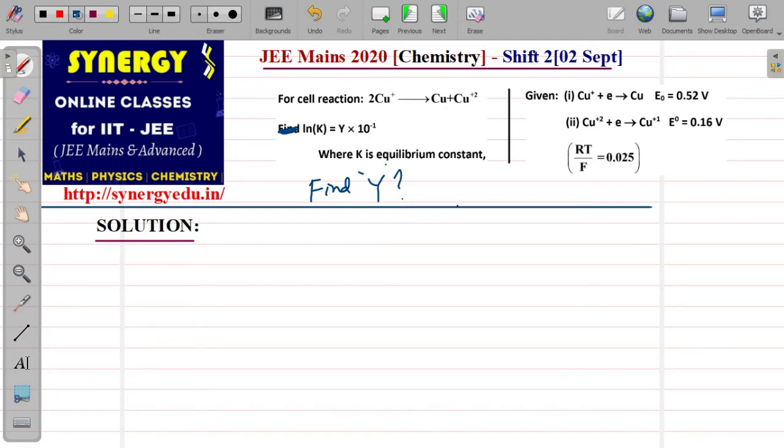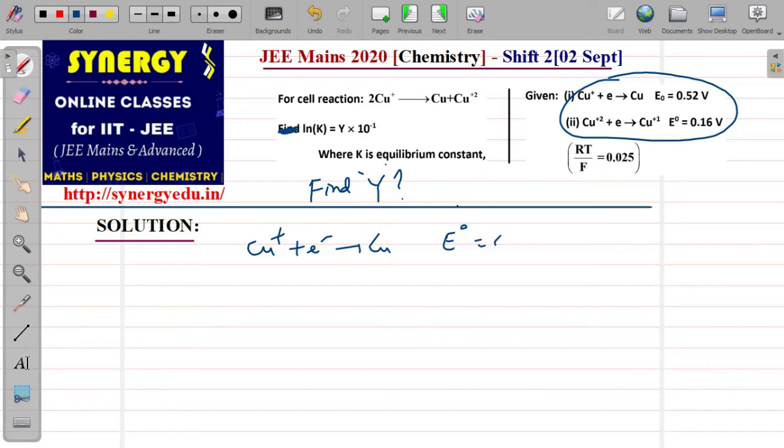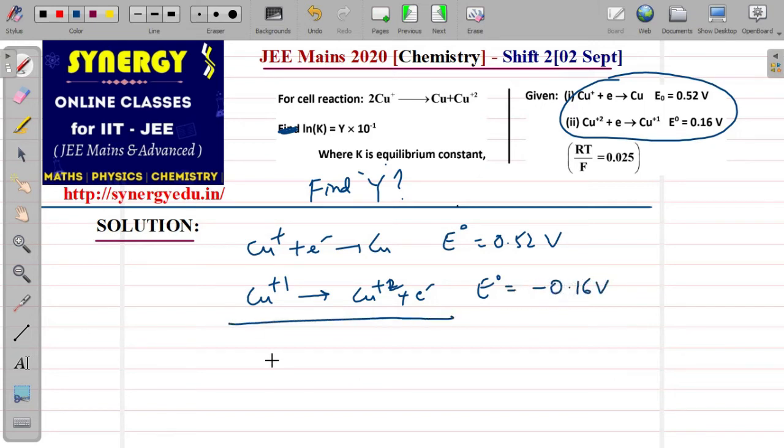Now look here. First look at this data. I am writing this equation: Cu plus plus electron gives Cu, and E naught value is 0.52 volts. Now for the second equation, I will invert it: Cu plus gives Cu plus 2 plus electron, and since I have inverted the equation, E naught will change sign. Why have I inverted this equation?